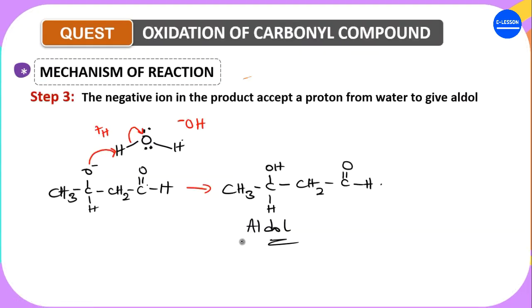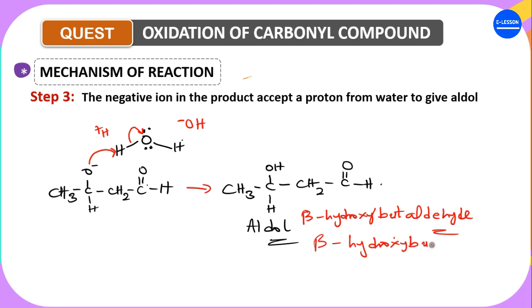We can say that this is beta hydroxy butanal. You can say this is beta hydroxy butanal, or you can say this is 3-hydroxybutanal. So that is the product of this reaction.